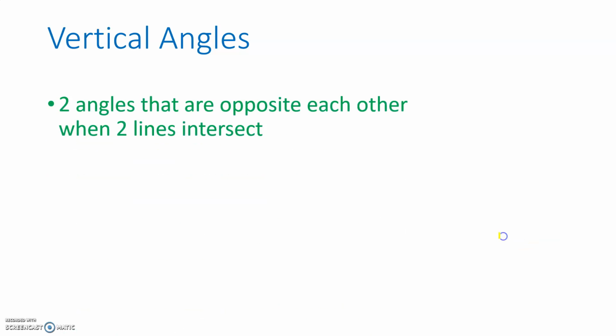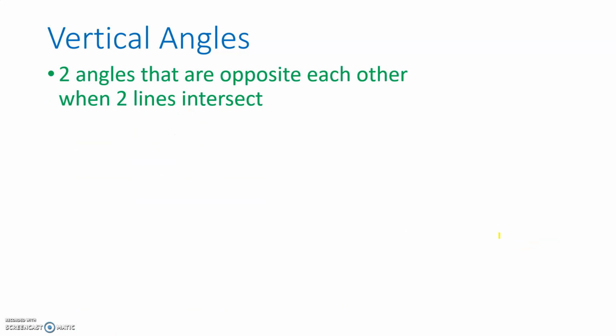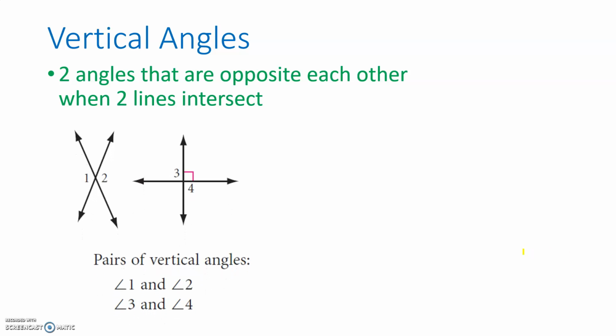Okay, a little bit more complicated now. Vertical angles: 2 angles that are opposite from each other when 2 lines intersect. So here are 2 intersecting lines, here and here. This angle 1 and this angle 2 are opposite from each other when these 2 lines intersect. So angles 1 and 2 are vertical angles.